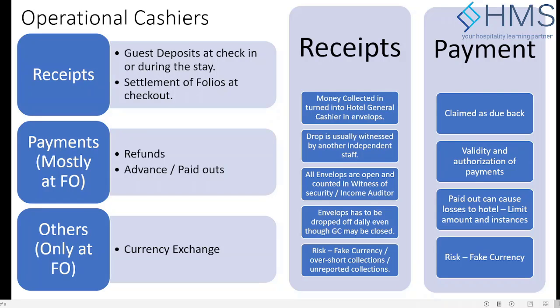There is a risk because it's not a regulated market, you don't get a fixed rate, and the rate keeps changing every 15 or 20 minutes. There is always a difference of 10 or 20 kyat per dollar. So if it's $100, you are losing money on that. So that's usually a risk with accepting the currency.